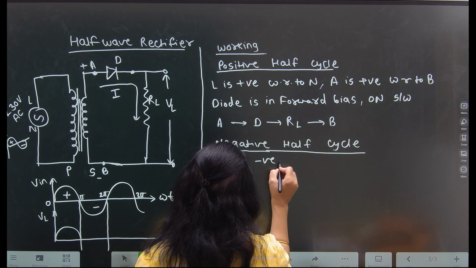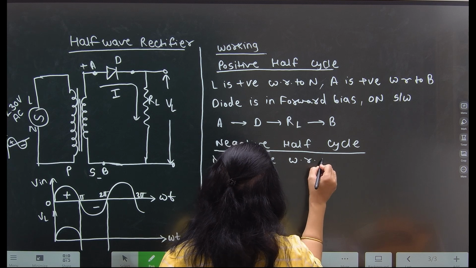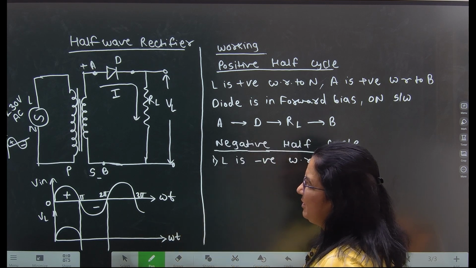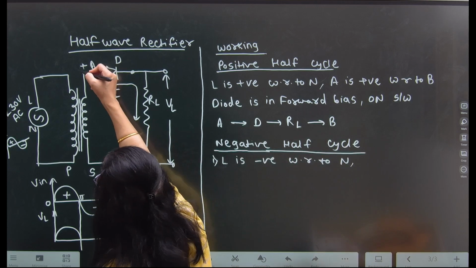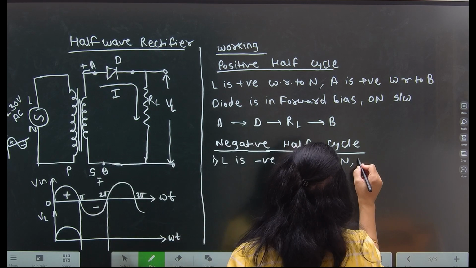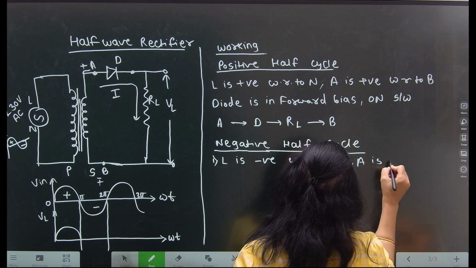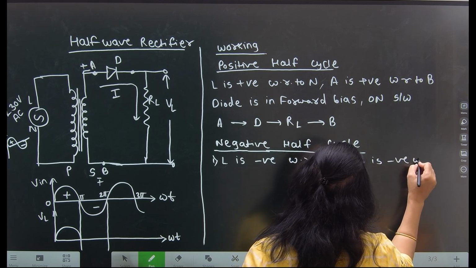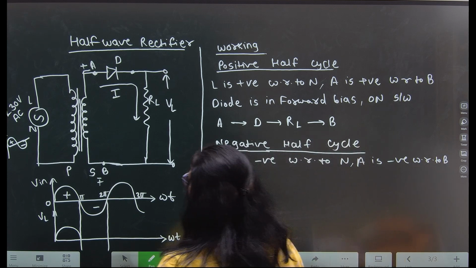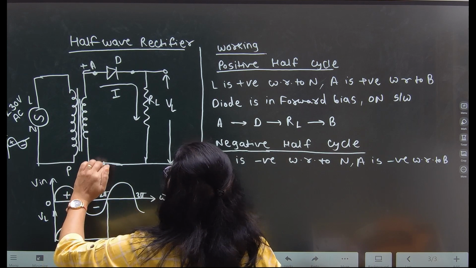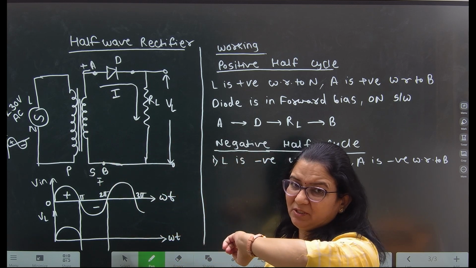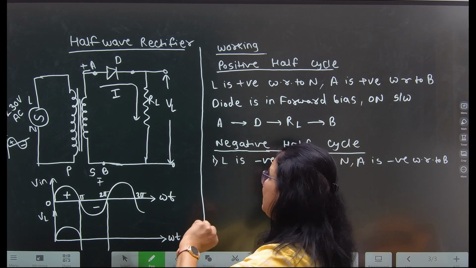If L is negative with respect to N, therefore A is negative with respect to B. If A is negative with respect to B, that means the anode of the diode is connected to the negative terminal. That means it is in reverse bias.